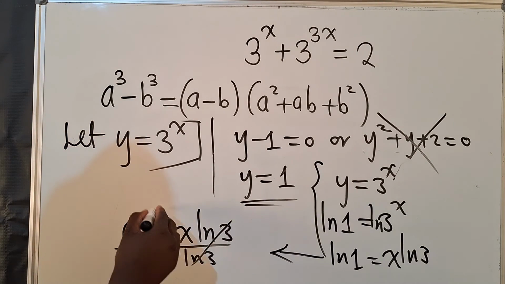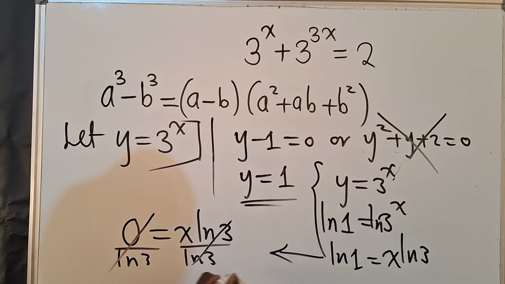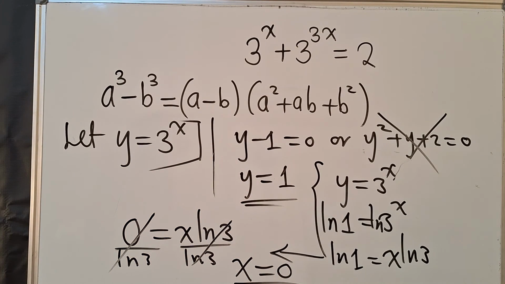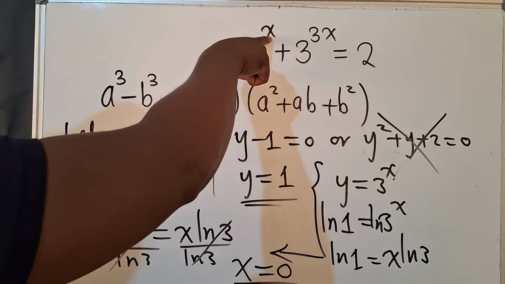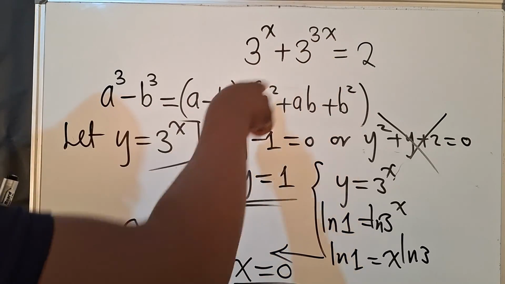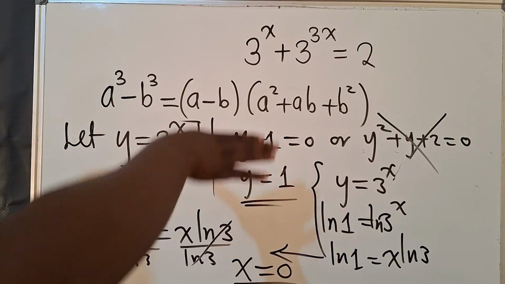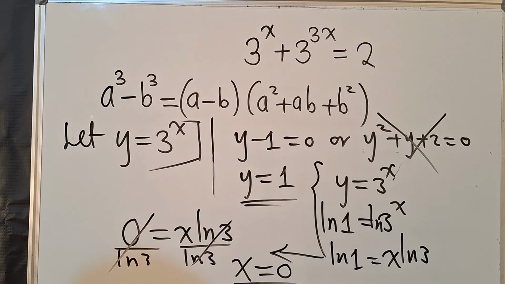This and this will go. We're going to get the value of x to be equal to 0. So this is how we got that 0 you saw, or we guessed. In case you want to show that I know the value of x here is 0 by looking, you're supposed to perform all these steps that I've shown you right here.